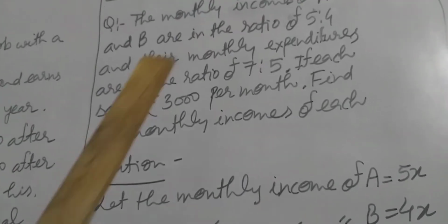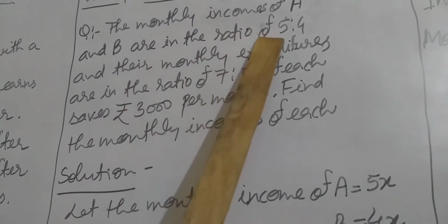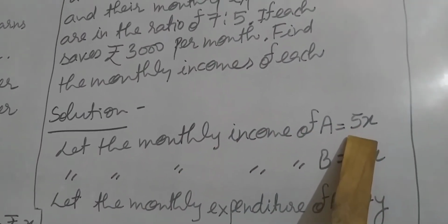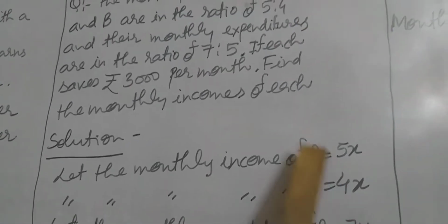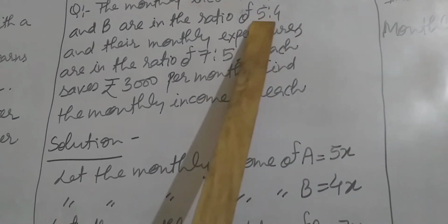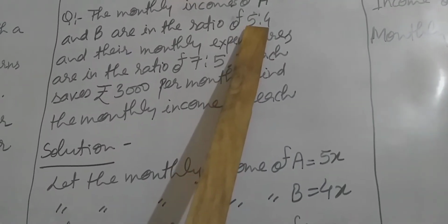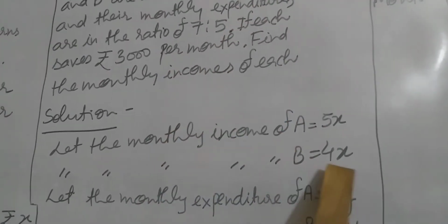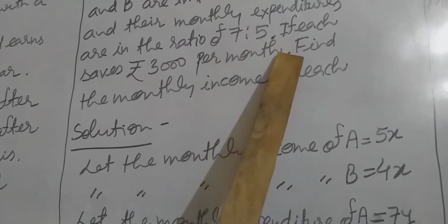The ratio of monthly income given to us is 5:4. So let the monthly income of A equal 5x and the monthly income of B equal 4x, because this is the ratio of income. When we suppose the income, the same variable should be there. Now the ratio of monthly expenditure given to us is 7:5.